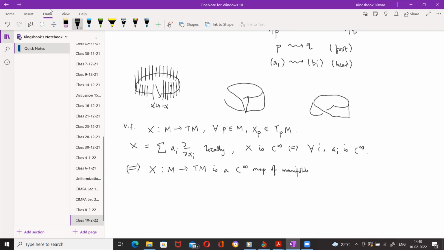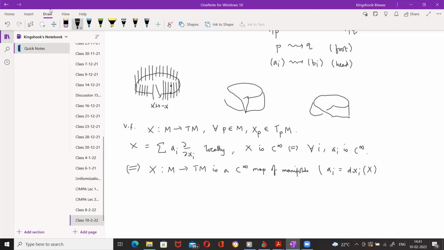Is this clear? Because what are these a_i's? a_i is nothing but the coefficient of ∂/∂x_i in X. So a_i is nothing but dx_i applied to X. So a_i being C infinity means that dx_i of X is C infinity, and the dx_i's are the local coordinates on TM.